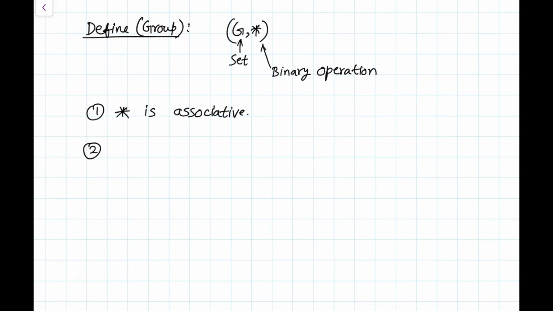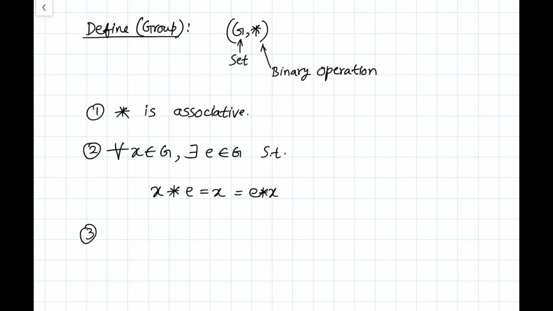Axiom number 2, there exists an element e in the set G such that for all x in G, x star e is x, which is e star x. That is, there is an element which, when multiplied with an element, gives the same element.